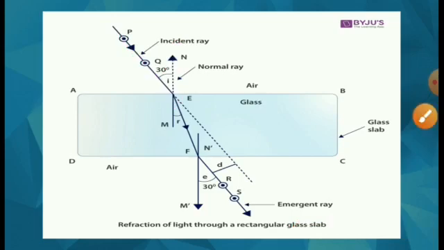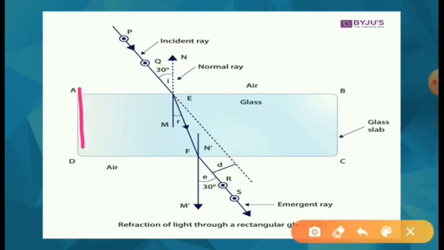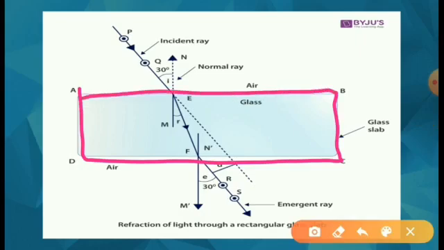After that, again place the glass slab on the paper within the boundaries that you have drawn. Then put two pins on the line where you have taken that 30 degree angle, and from this side see that the two pins are in a straight line.